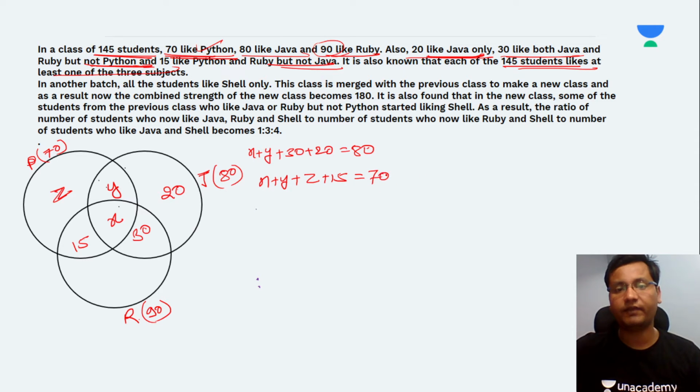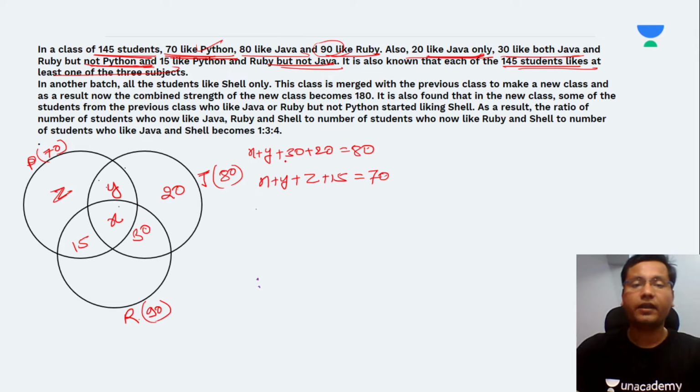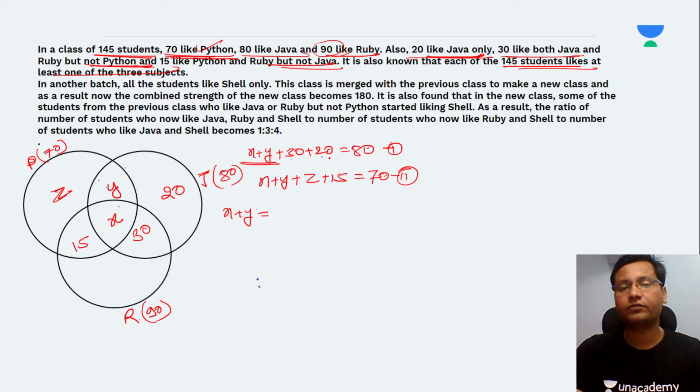From the first equation, x plus y is equal to 80 minus 50, that is 30. So x plus y equals 30.